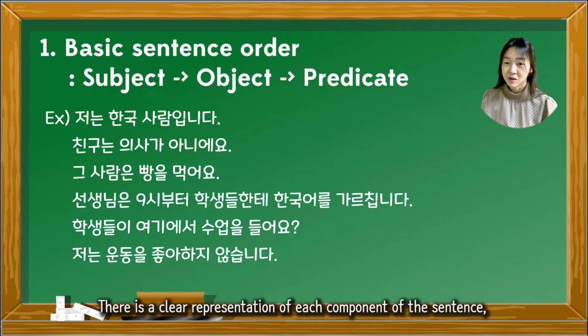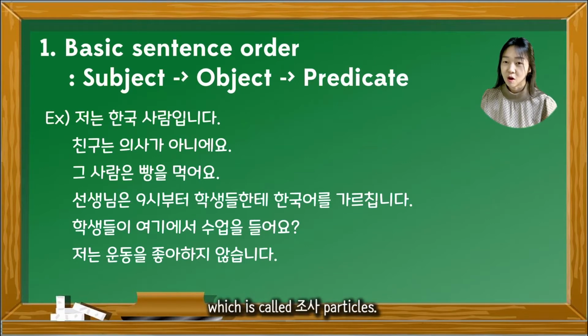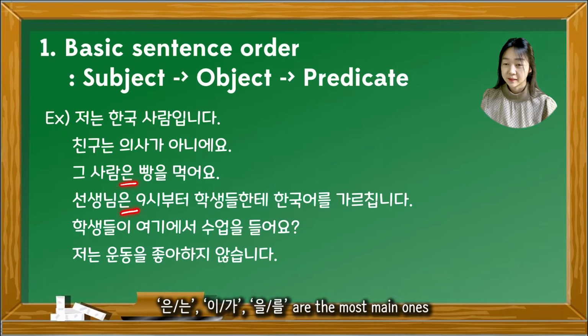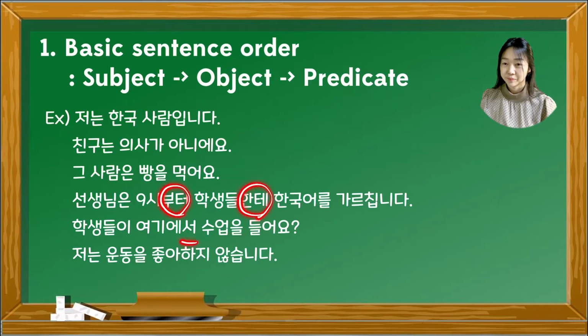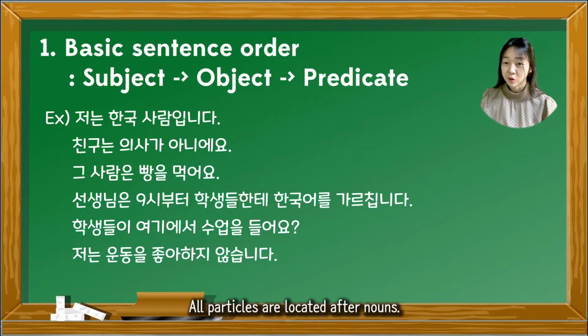There is a clear representation of each component of the sentence, which is called 조사, particles. 는, 이/가, 을 are the most main ones, and others have specific meaning for each. All particles are located after nouns.